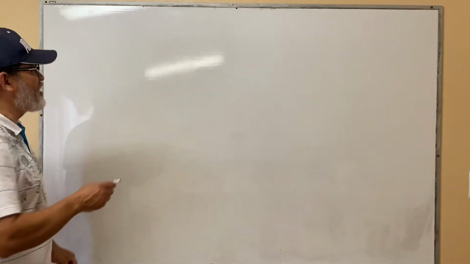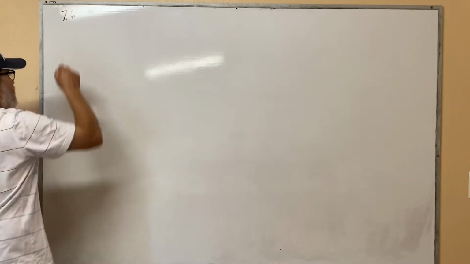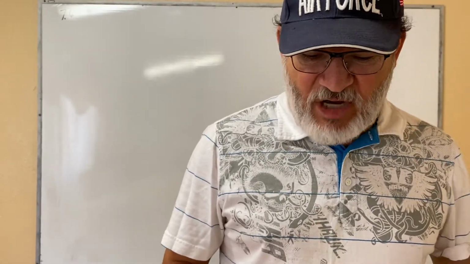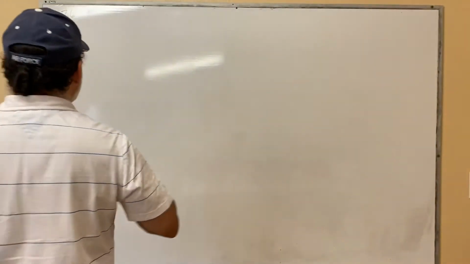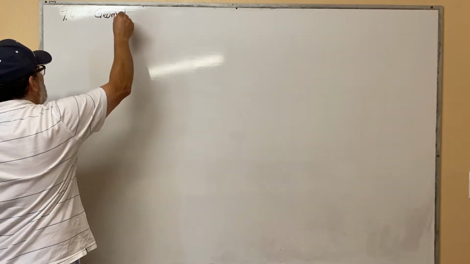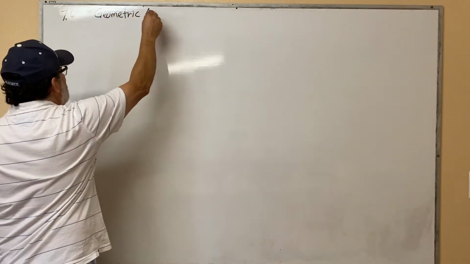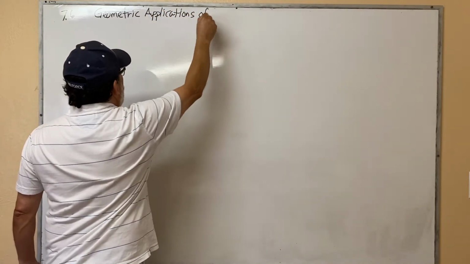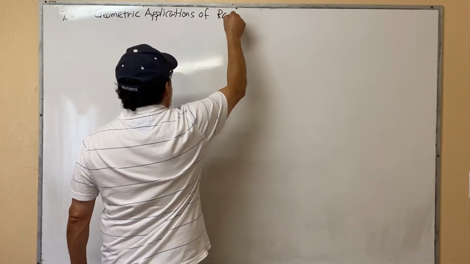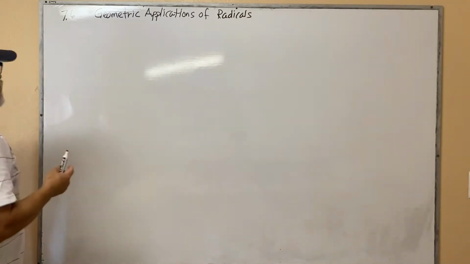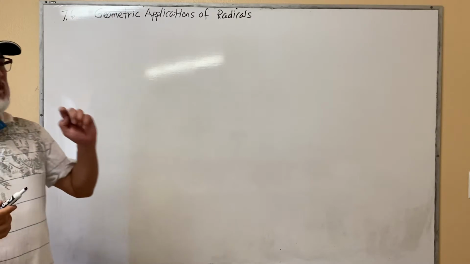So this section 7.6. 7.6 is geometric applications of radicals. Okay? So we need the special right triangles.